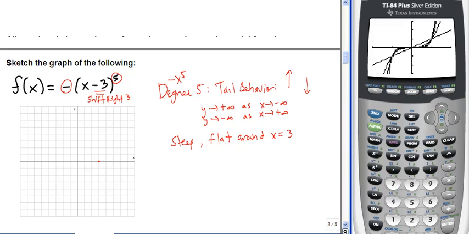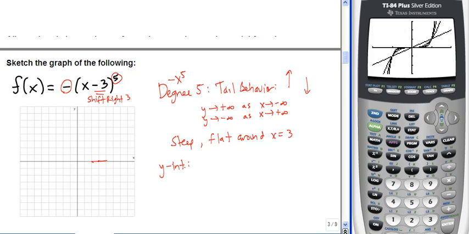So let's go ahead and put some of these pieces together. We know that it's a little bit flat around that intercept right there. And we know that its tail behavior is up and then down. If you want to plot a couple more points, you certainly could. Sometimes one of the things that I will look for is what the y-intercept is.